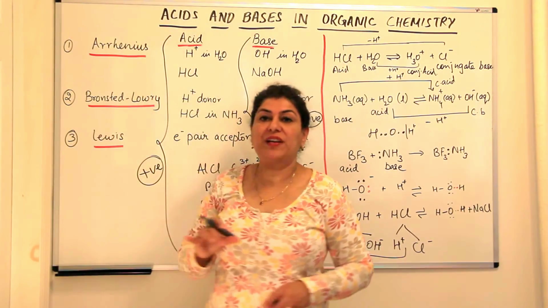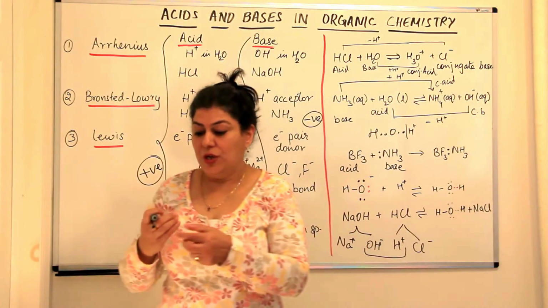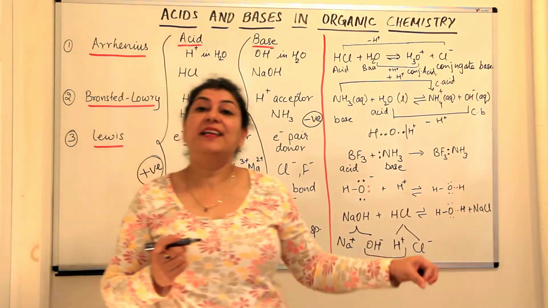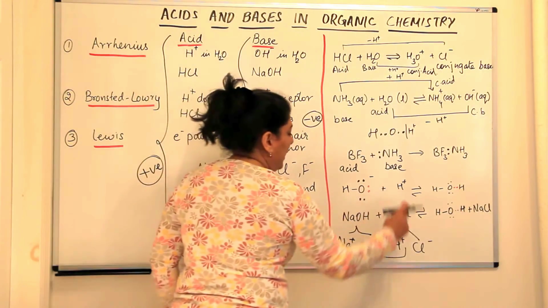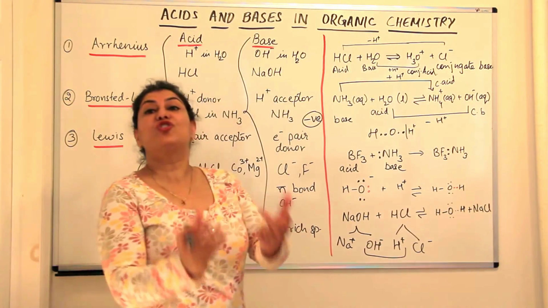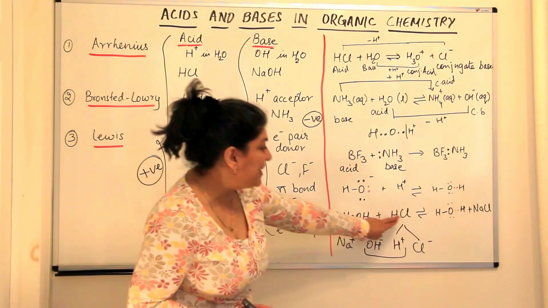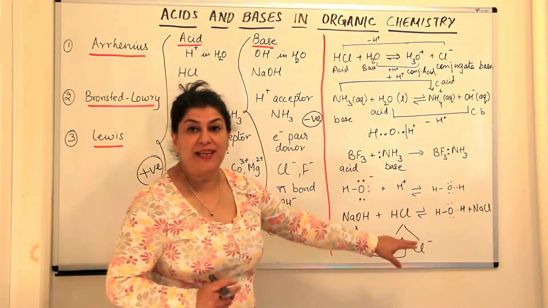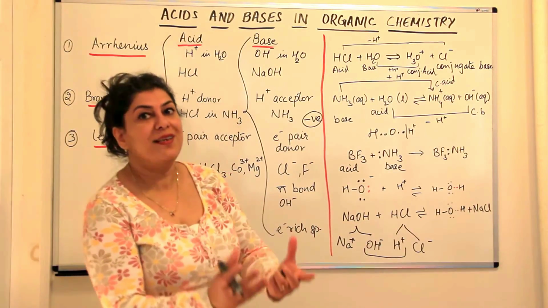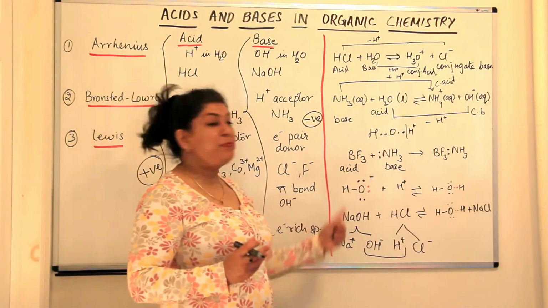The Bronsted-Lowry definition is that a proton donor is an acid and a proton acceptor would be a base. Now, HCl is the source of the proton. It was donating the proton. Right? So H positive, the source of proton is HCl, therefore HCl was the acid. And who accepted the proton?